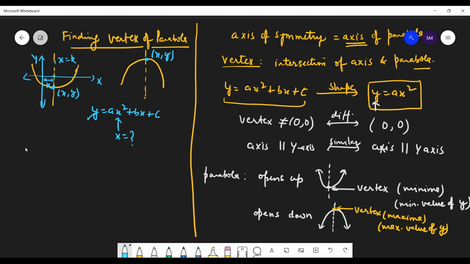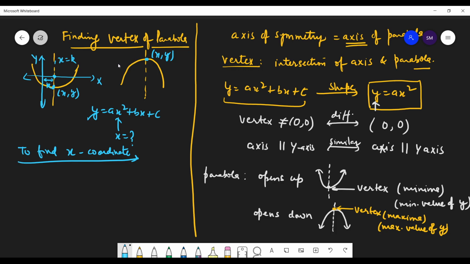So our target is to find the x coordinate. You know how to find the x coordinate. You know that this line will always pass through the x-axis.